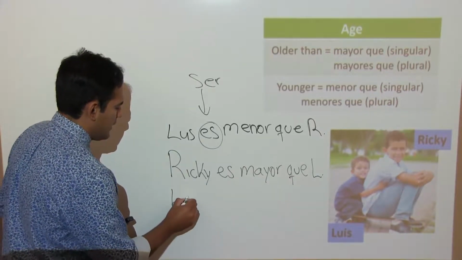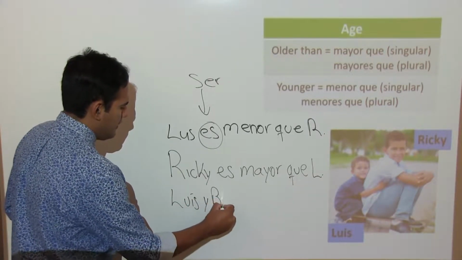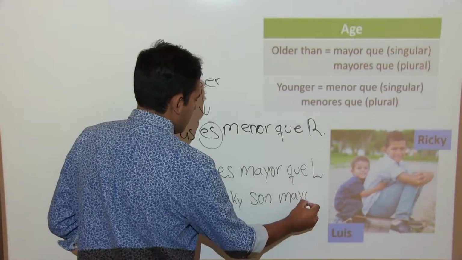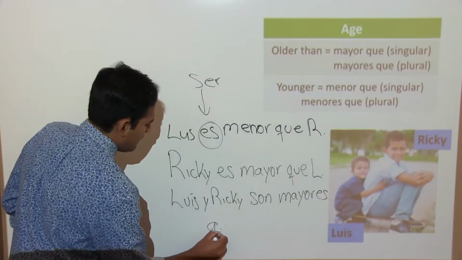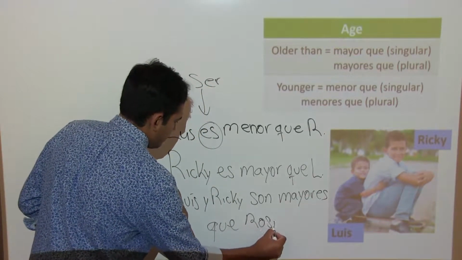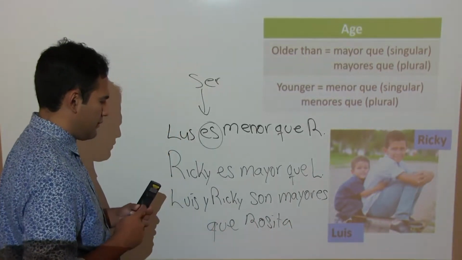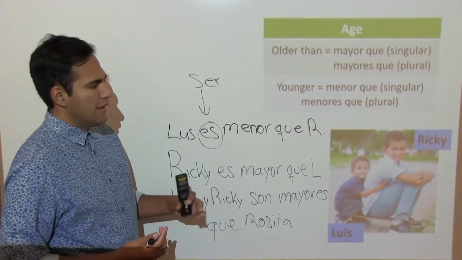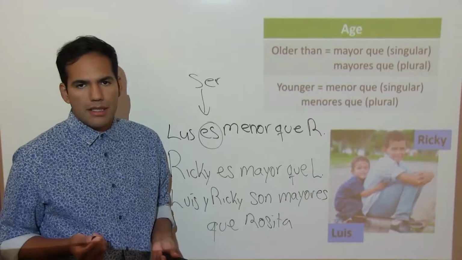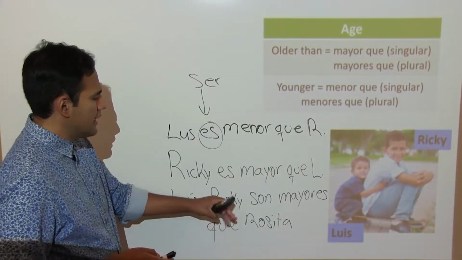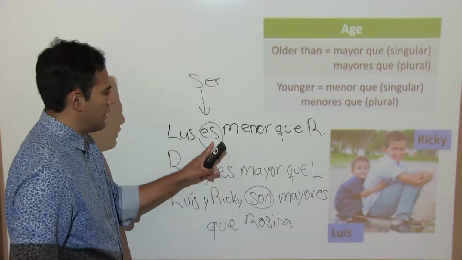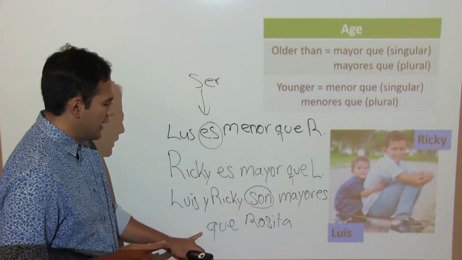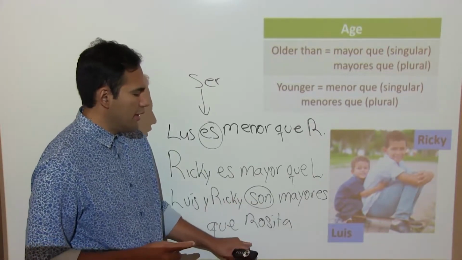So we would say Luis y Ricky son mayores que Rosita. So imagine that their little sister's name is Rosita, and we're saying that they are older than she is. Notice how we have to change it because it's plural. Luis y Ricky son mayores que Rosita. So Luis and Ricky are older than Rosita.